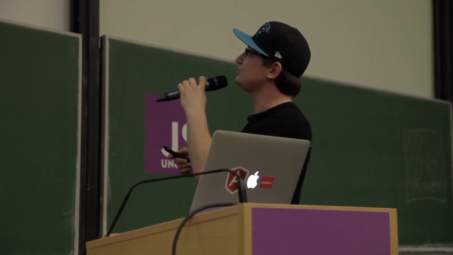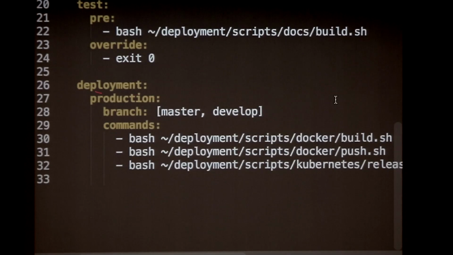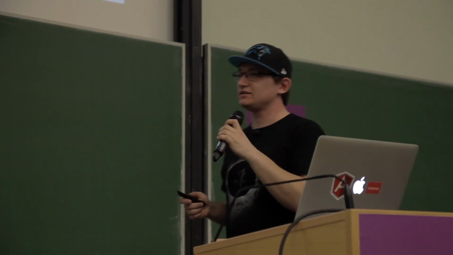Plus, we have here this deployment configuration. On master and develop, we want to build the Docker container. We want to push the Docker container into our registry. And we want to trigger the release on Kubernetes. As I told you before, triggering the deploy on Kubernetes isn't that easy.